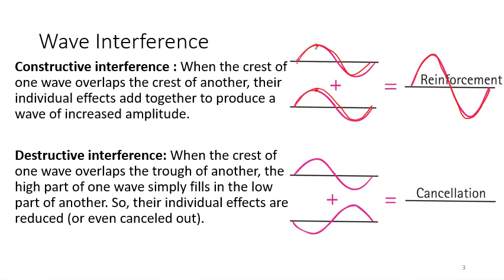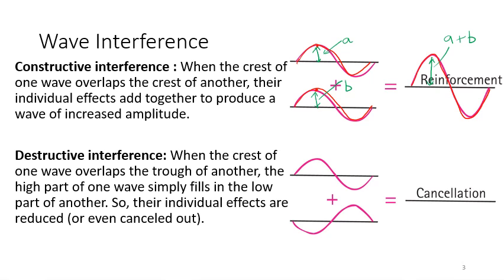If you calculate the amplitude, let's say the amplitude of the first wave is A, and the amplitude of the second wave is B. Then the total amplitude of the resultant reinforced wave equals A plus B. It is the addition of the amplitudes, since the crests of the two waves occur at the same place at the same time.